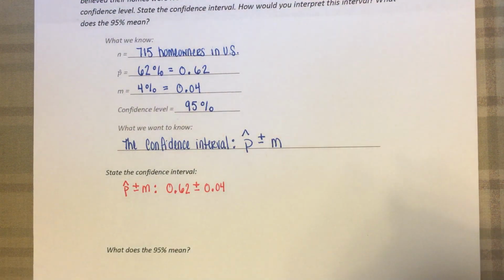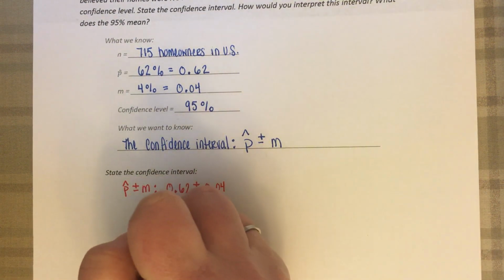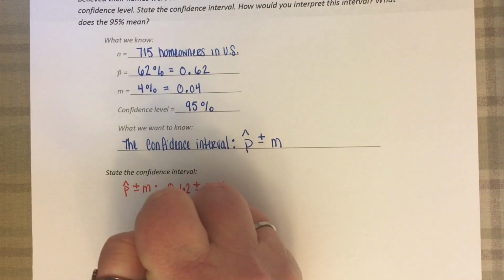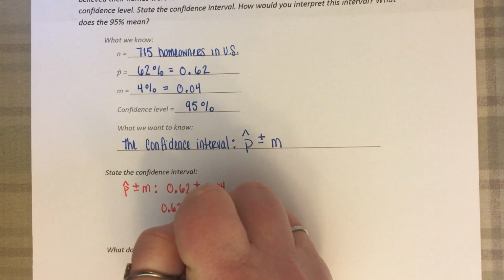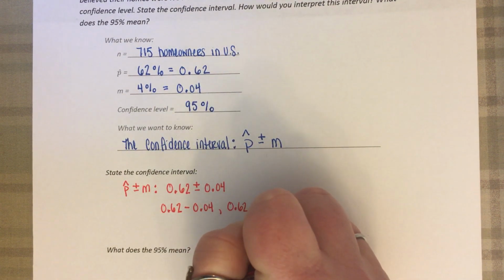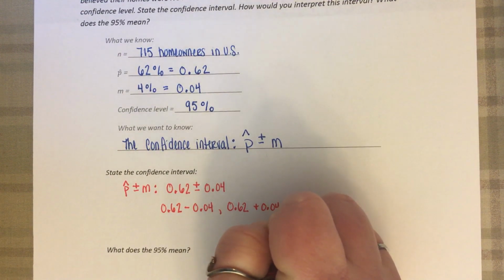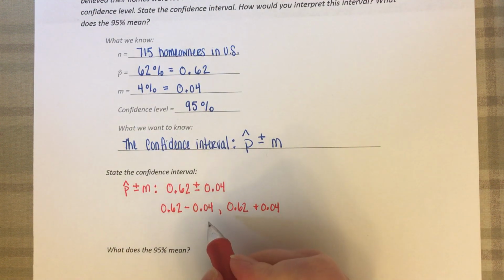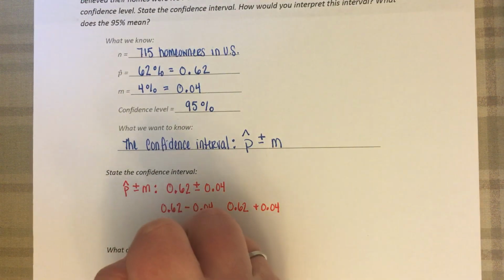0.04. So we're going to subtract 0.62 minus 0.04, and then we're going to take our 0.62 plus 0.04. If we subtract 4% from 62%, we get 58%, or as decimals, 0.58.